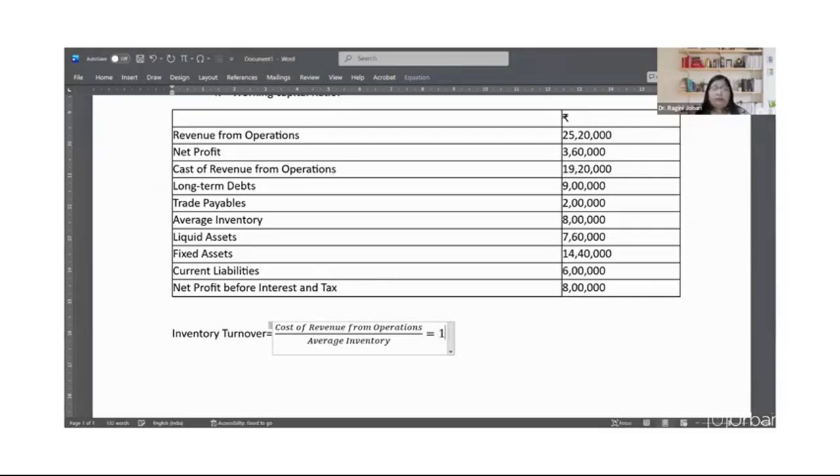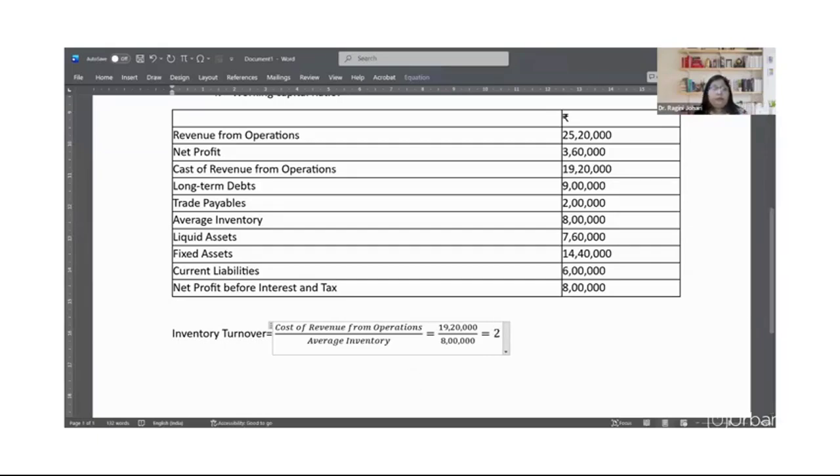This says 19 lakh 20,000 divided by average inventory of 8 lakh, and if we calculate these two, we find the answer to be 2.4 times.